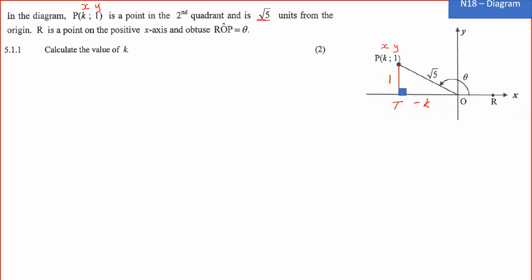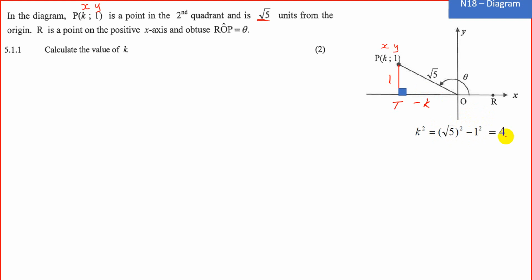So the first thing we're going to do is use the theorem of Pythagoras. If we use Pythagoras, remember k squared is equal to the hypotenuse or the radius squared, which is root 5 all squared, minus 1 squared. If we type that on our calculator, root 5 squared is 5, minus 1, that will give us 4.